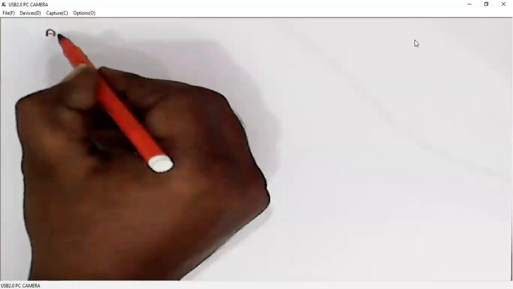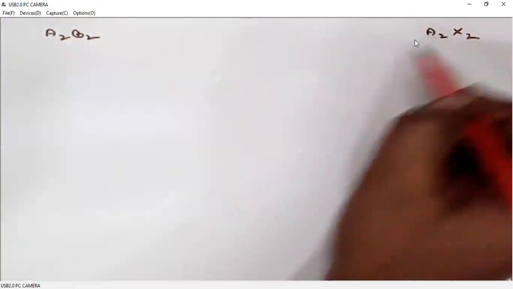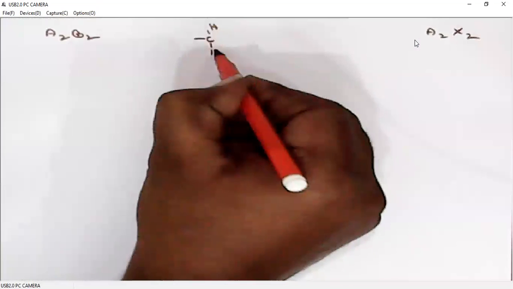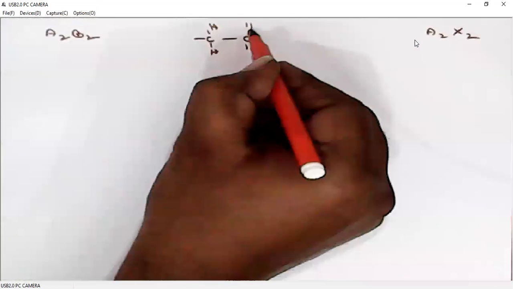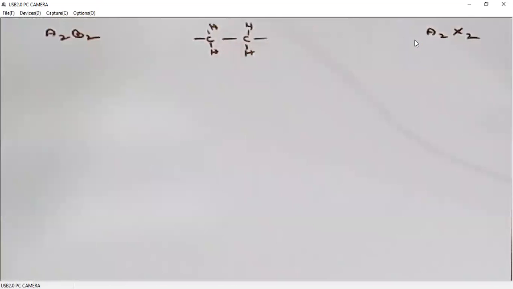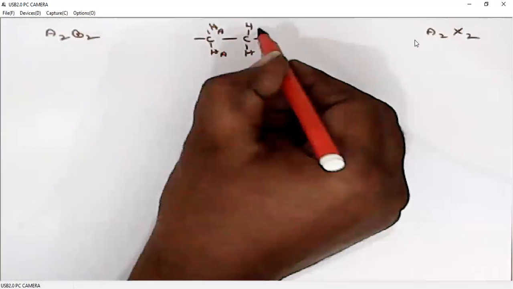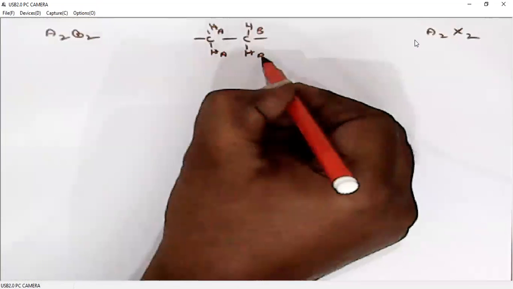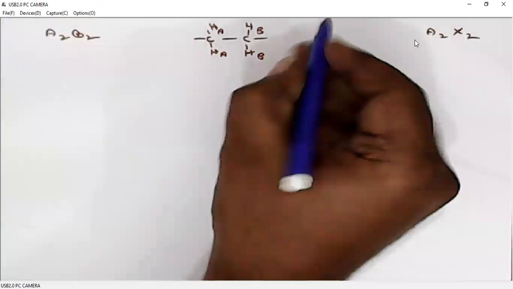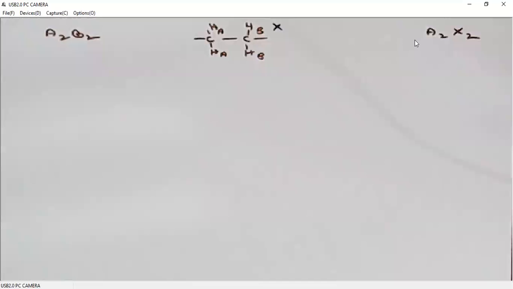Now we will discuss A2B2 type or A2X2 type. What is A2B2? That means we have two protons on each carbon. So these are A type, these are B type. In A2X2 type, they become X. Right.